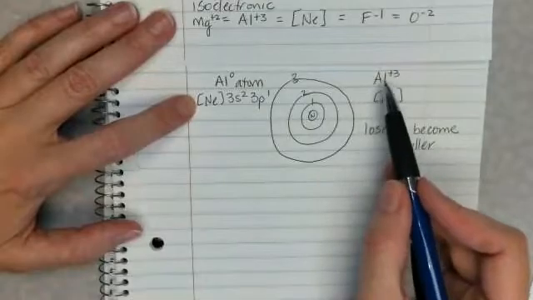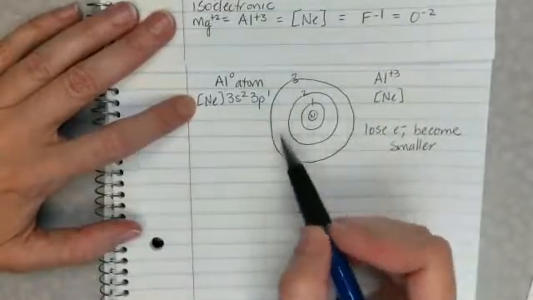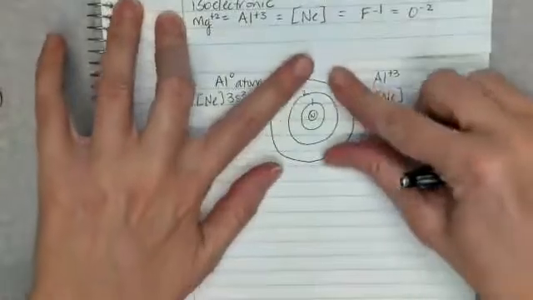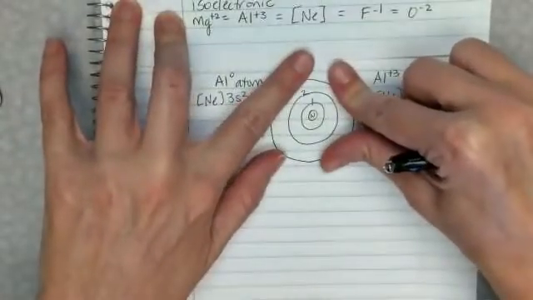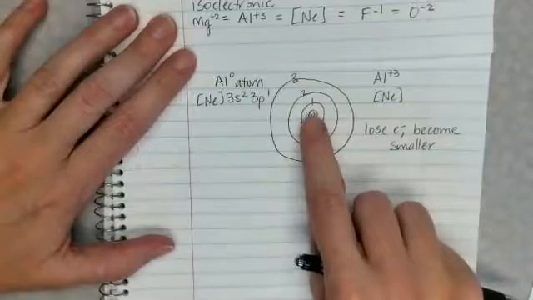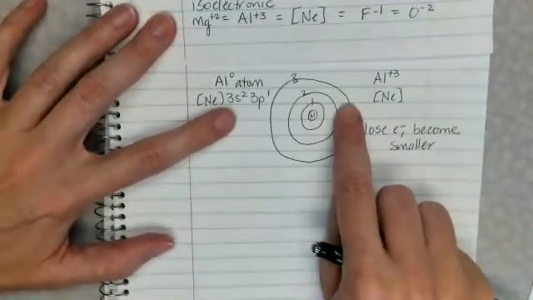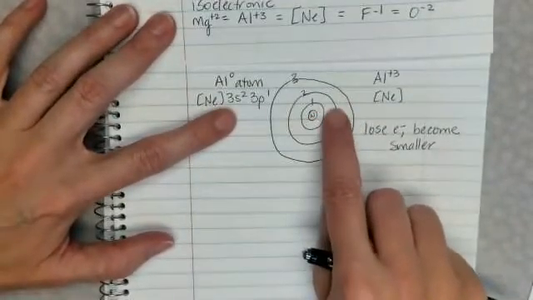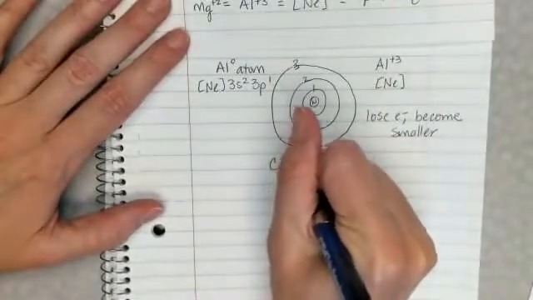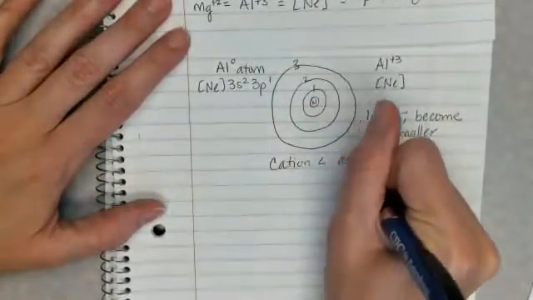But when I make that aluminum cation, that 3s2 3p1 is gone. We've gotten rid of those. And so now what's left is just the 1 in the second shell. So we went from nucleus to third shell in the case of the atom to just nucleus to the second shell. So the cation is always smaller than the atom.